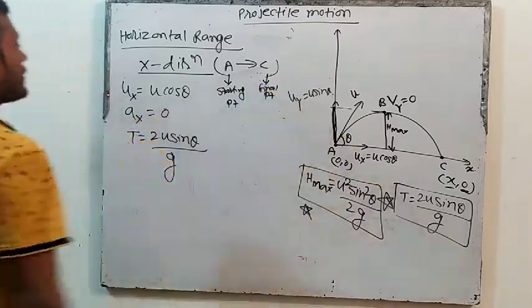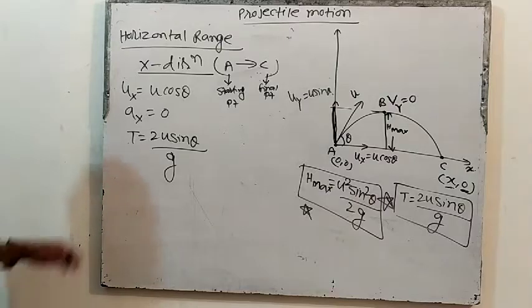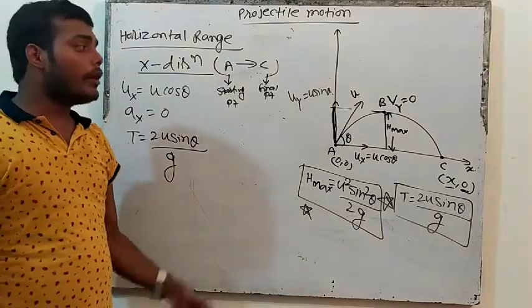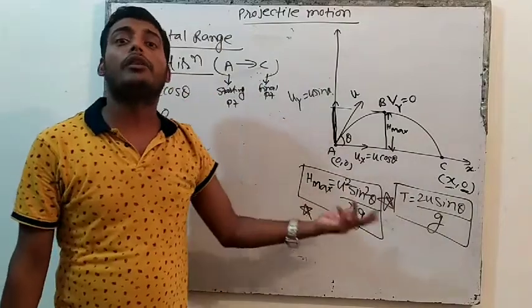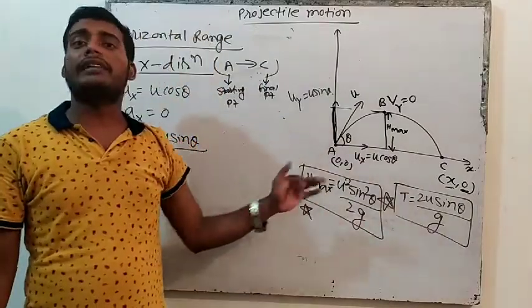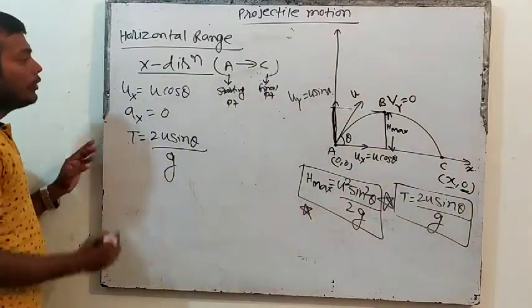We know this much. Why is acceleration in X direction 0? Because there is no acceleration due to gravity acting in X. Acceleration due to gravity is acting in Y. So in X direction there is no acceleration. That's why acceleration in X equals 0.